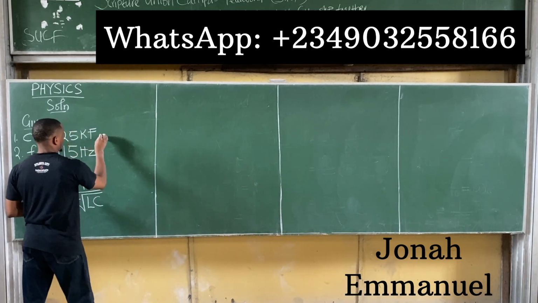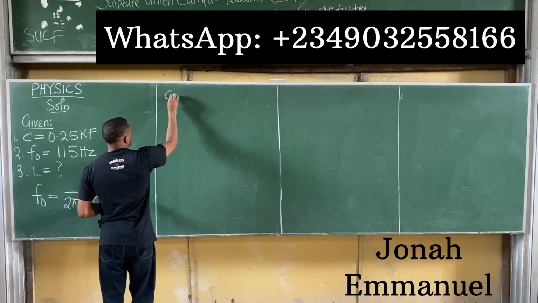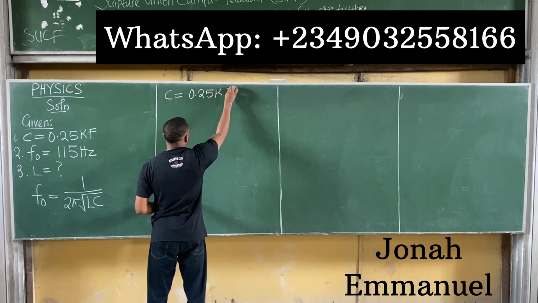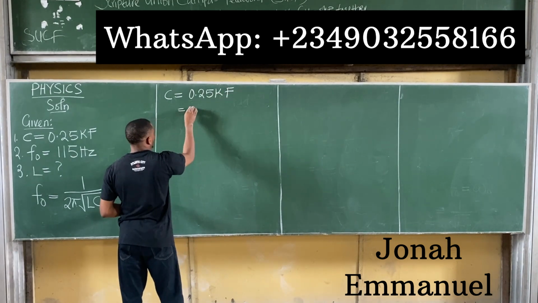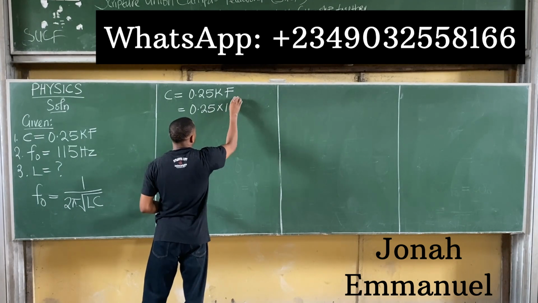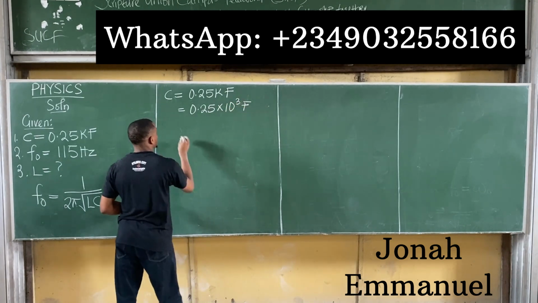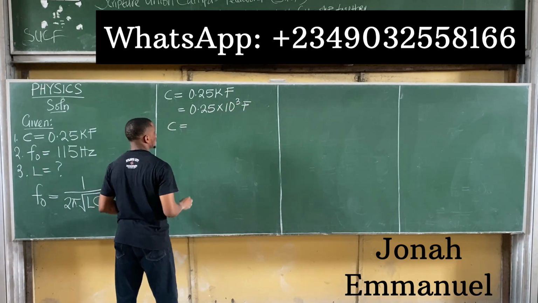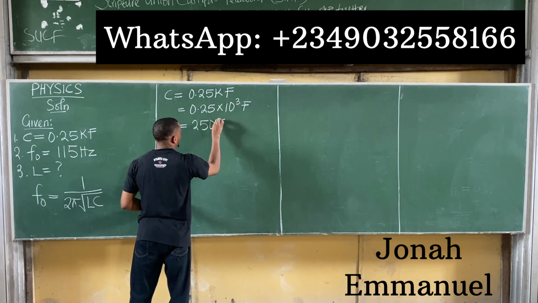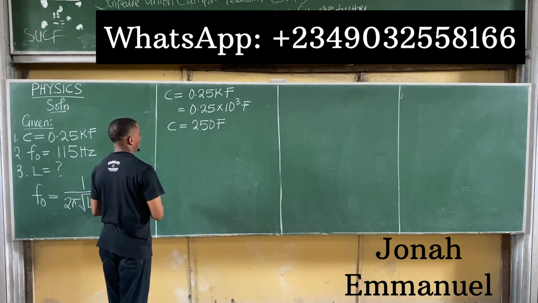By the way, let's convert C. C is about 0.25 kilofarad, and that's equal to 0.25 times kilo, which is 10 to the power 3 farad. The capacitance is equal to, if I multiply this, 250 farad as your value.